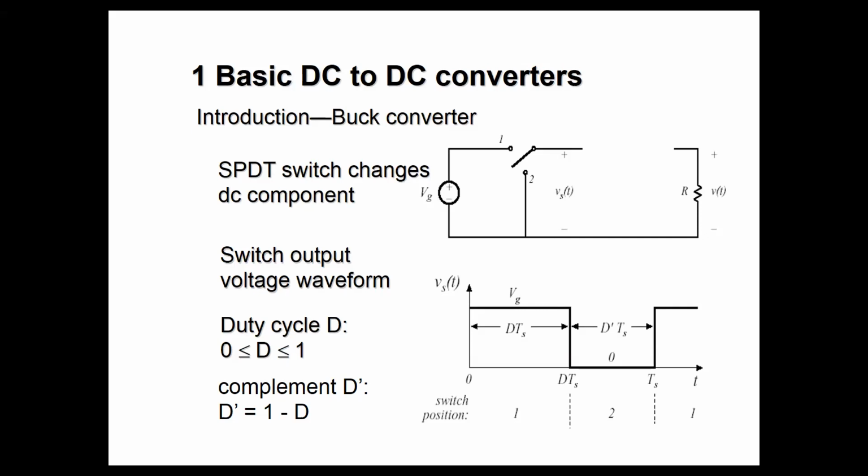In the third step, we introduced a single pole double throw switch, and the switch can change from position 1 to position 2. The timing of position 1 and position 2 depends upon the switching, for how much time we want to connect it to position 1 and for how much time to position 2. When the switch was at position 1, the load was getting a voltage of 100 volts, and when the switch was connected at position 2, the load was getting 0 volts.